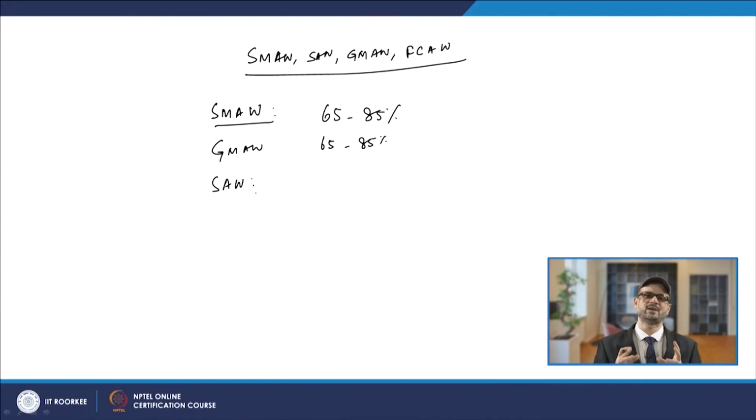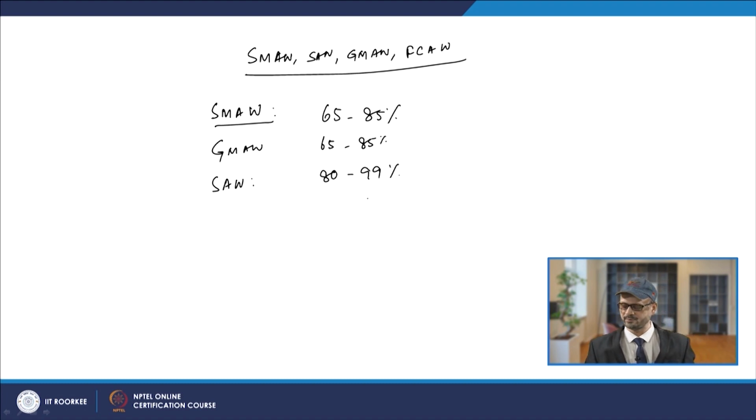Now, if you look at the submerged arc welding, where the flame or the arc is basically covered under the blanket of flux, that loss is minimum, and in that case the heat transfer efficiency of the heat source is maximum, and for submerged arc welding it has been reported to be more than 80, so it is in the range of 80 to 99%.